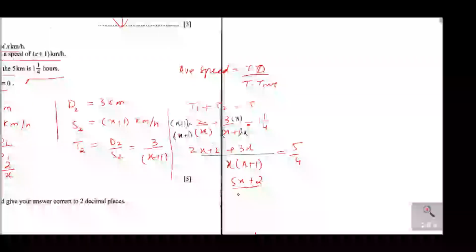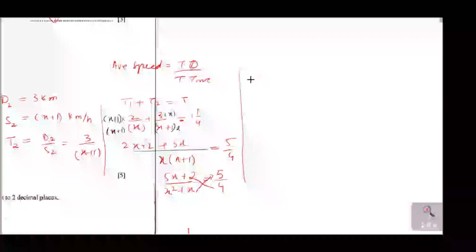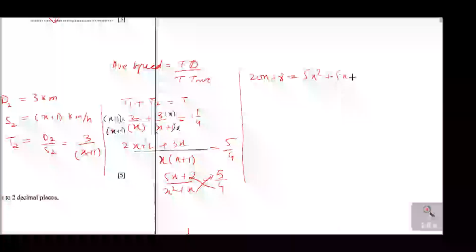And this is x squared plus x equal to 5 over 4. We will cross multiply these values. 4 times 5 is 20x plus 8. And when we multiply 5 into x squared, we get 5x squared plus 5x.